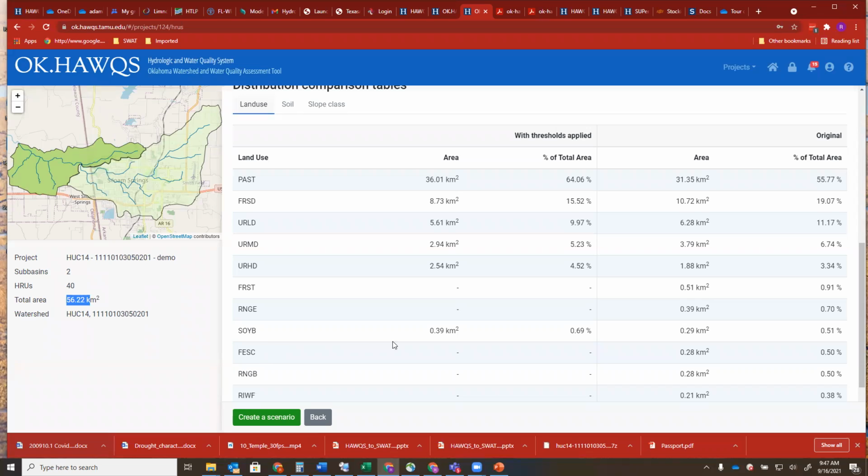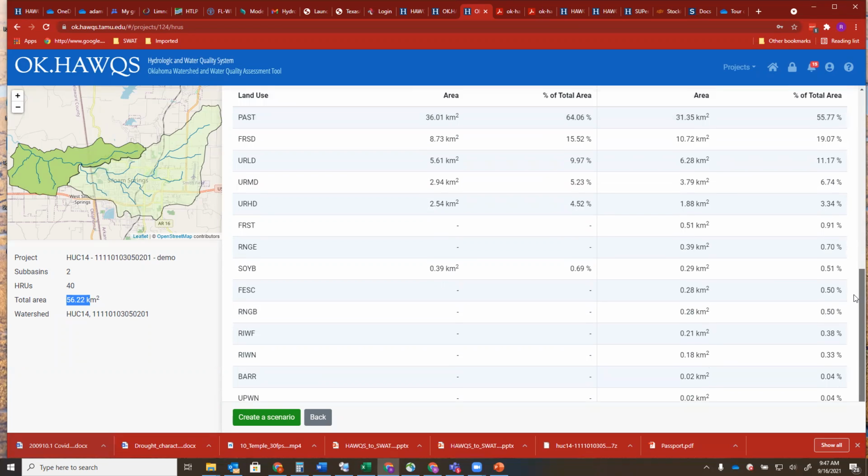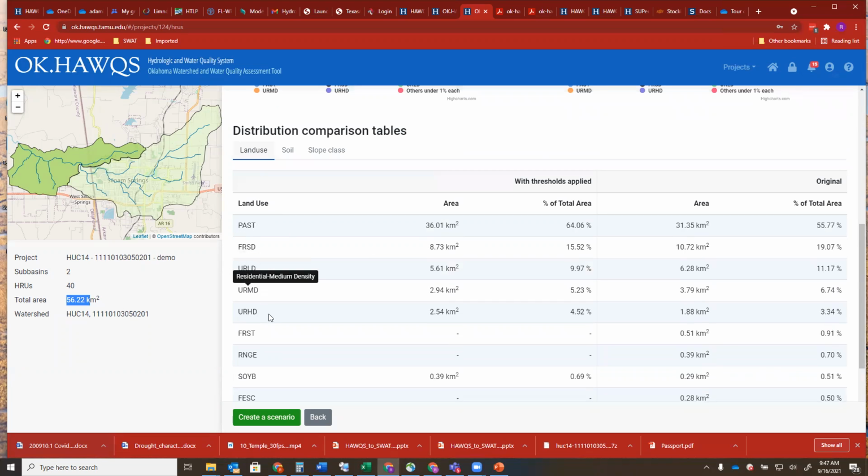Because we told it not to eliminate, it's kept the soybean, fescue, range brush, riparian wetland, forested wetland, and so on and so forth actually. So a lot of them that are less than 0.5 square kilometer got eliminated here actually. And the rest, the major land uses, are pasture, forest, deciduous forest, low density, medium density, high density, and soybean.